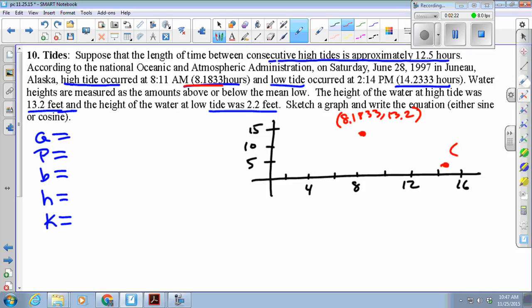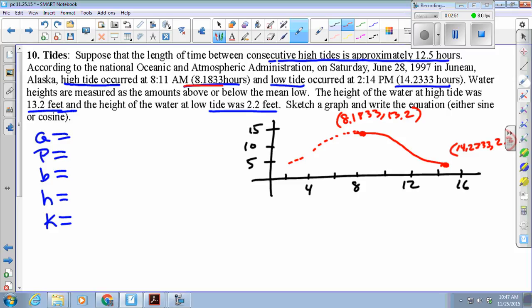And this ordered pair is 14.2333, comma 2.2 feet. Okay, this curve comes down, curves into that. We know that this thing continues like so. Something like that in terms of what we're looking at.